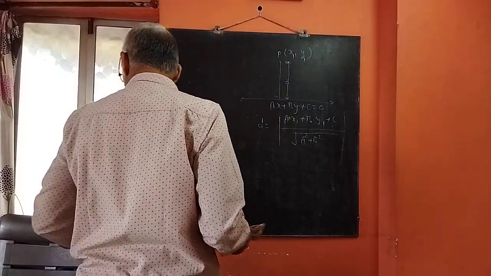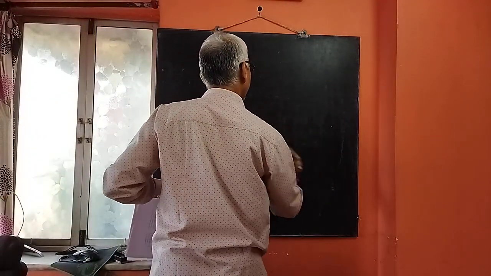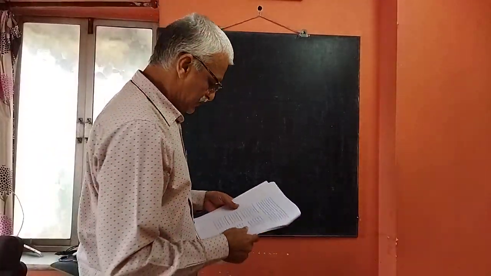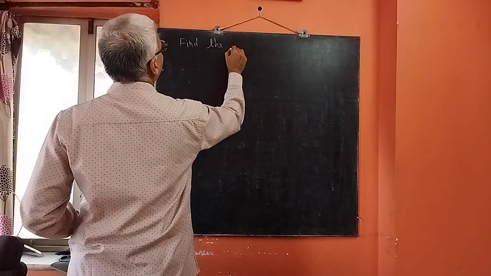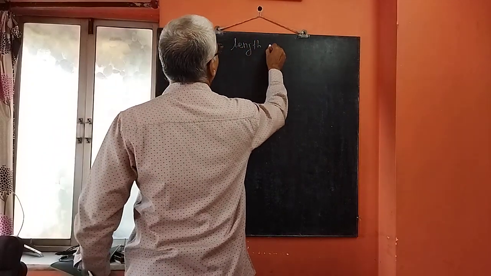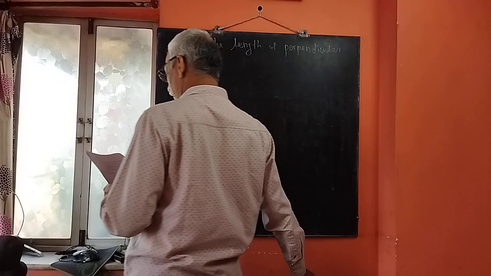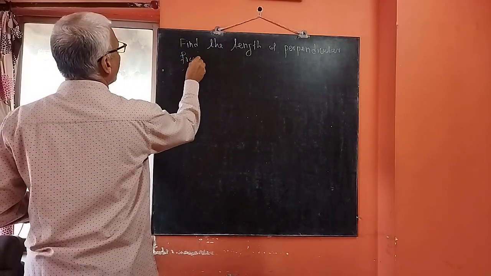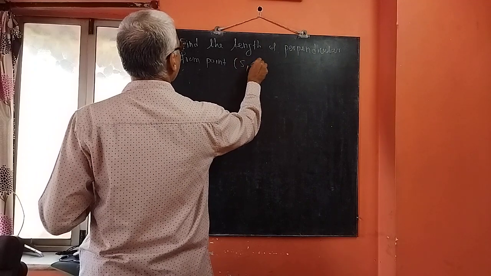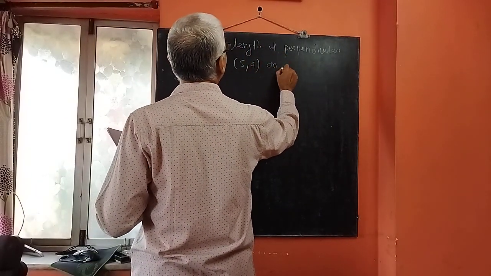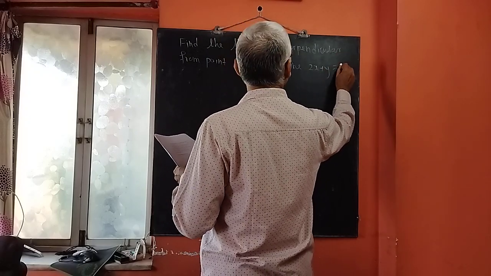The problem is: find the length of perpendicular from point 5, 4 on line 2x plus y equals to 31.